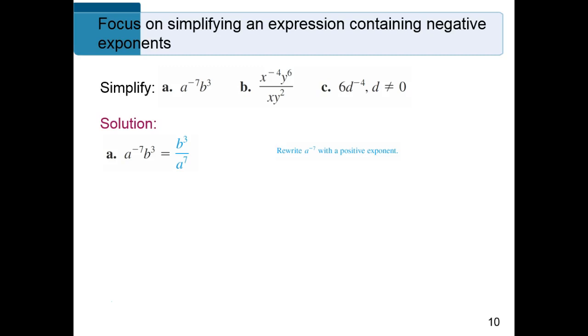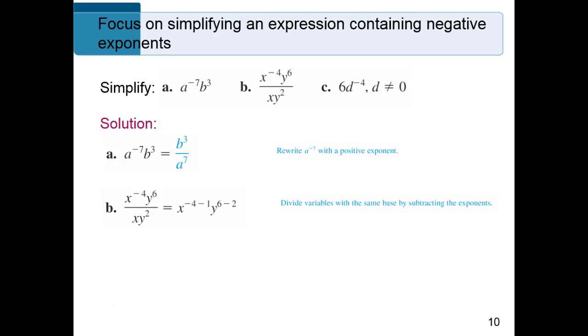Okay? On the second one, there are several ways you can go about this. Here's how they did it. I'm not saying I like this way any better. In fact, I don't. But it certainly works. You've got x to the minus 4 here, and you've got an x to the 1 down here, but that's in the denominator, so you subtract that exponent.